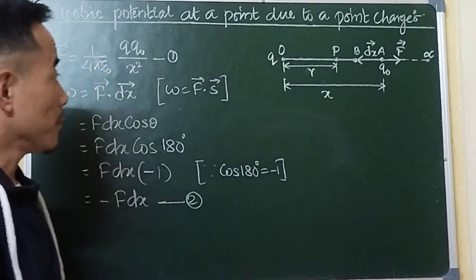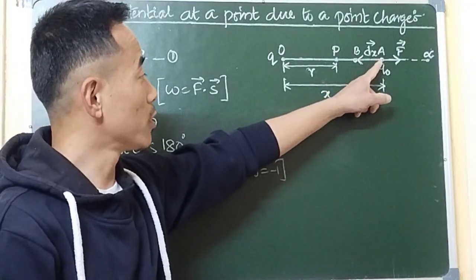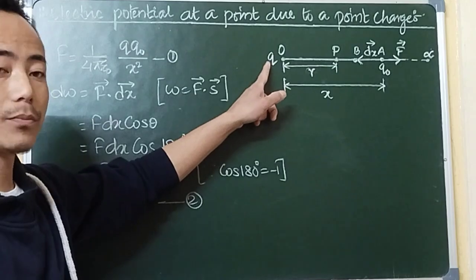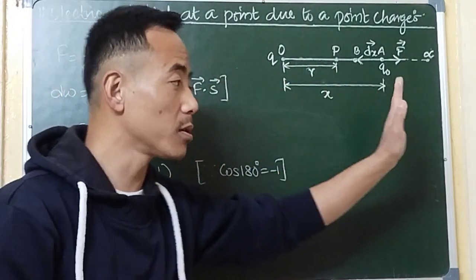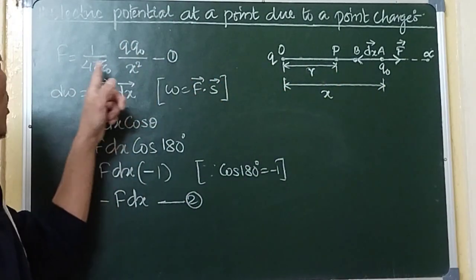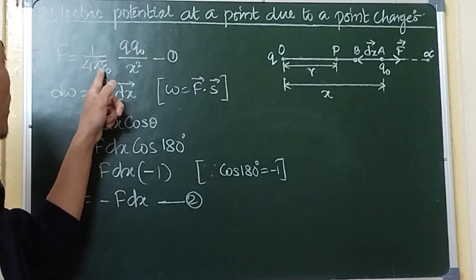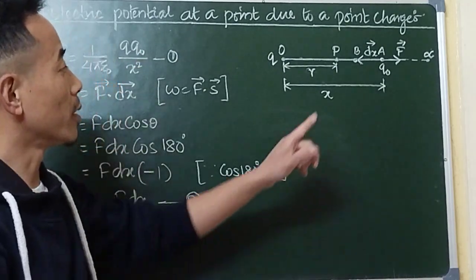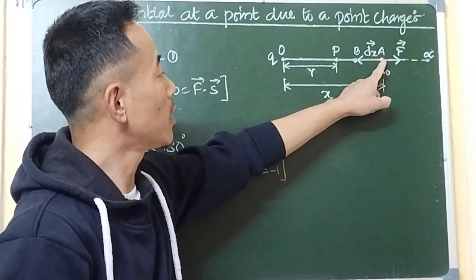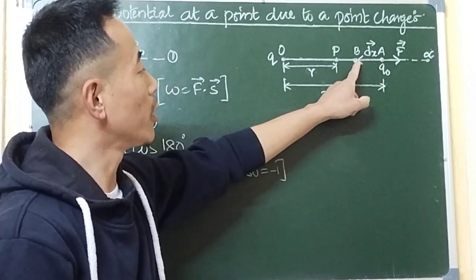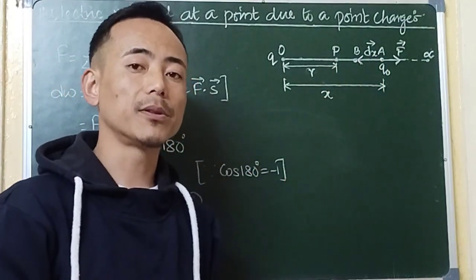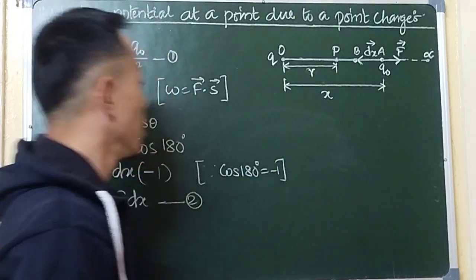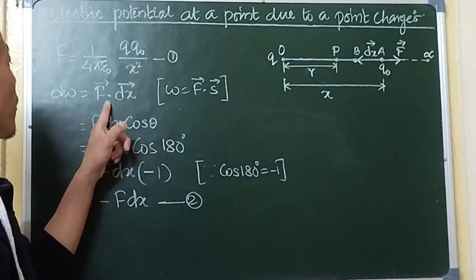So what we have done so far, we have found out the force on charge Q0 due to Q, which will be repulsive force, again given by Coulomb's law. It will become F is equal to 1 by 4 pi epsilon naught Q Q0 divided by x square. After that, we are saying that if we take the charge Q0 from point A to point B against this force of repulsion, then there will be some work done, which will be dW is equal to F dot dx.